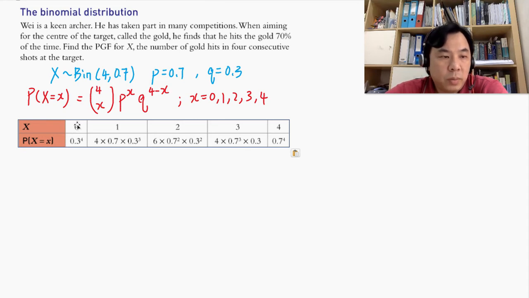So the discrete random variable ranges from 0 until 4, and each individual probability can be written as such. Now therefore the probability generating function, we can write as G(t) in this case. Maybe I can use the summation notation first before I go into the detail. Now that can be written as the sum of all this.